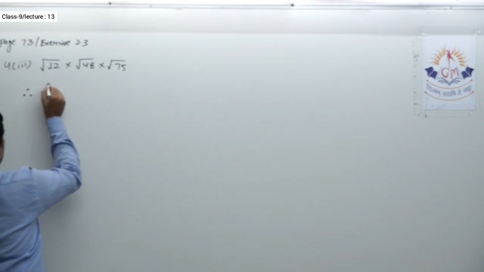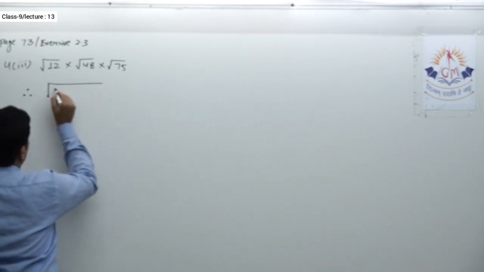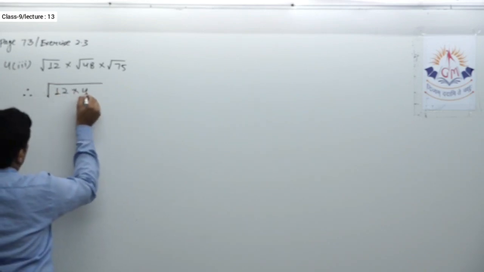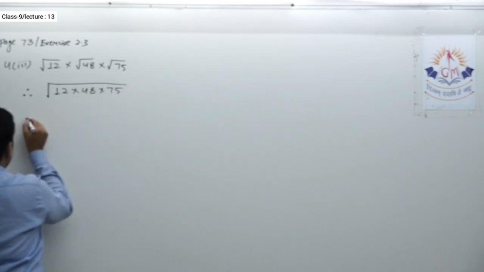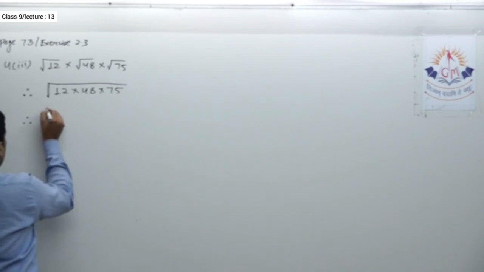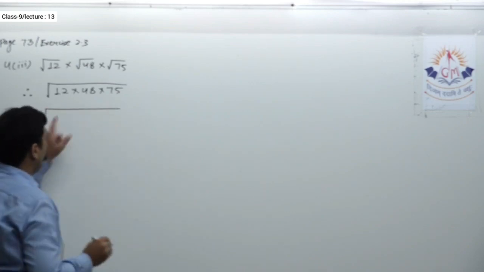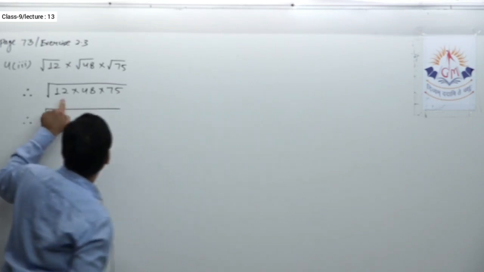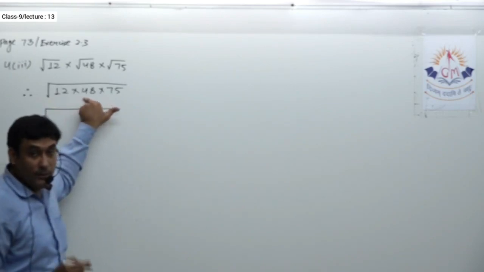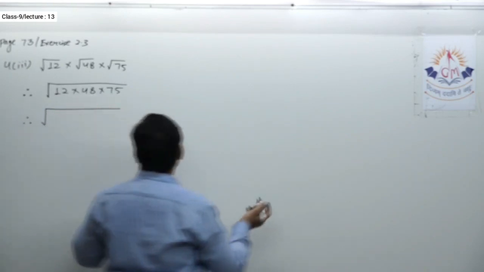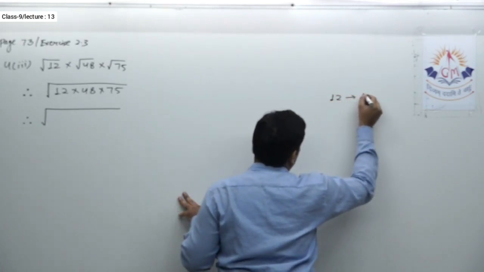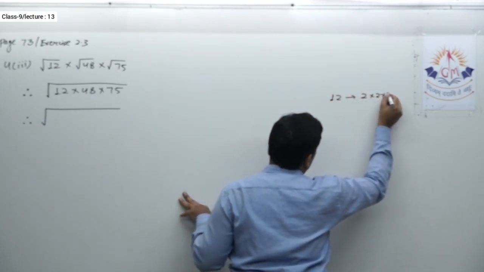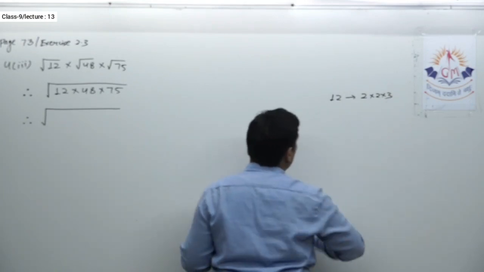See, here they are actually asking to find the square root in this way. Now to simplify it further, you need to find the factors of these three terms, that is 12, 48 and 75. However, I know the factors of these directly, but if you don't know how to proceed, the factors of 12 are 2 into 2 into 3.